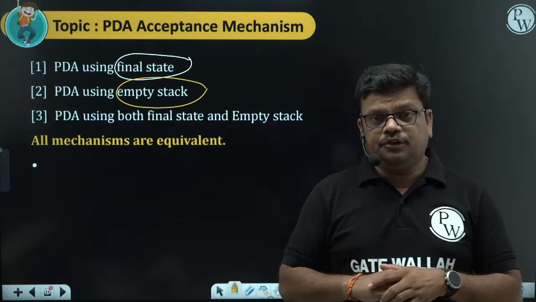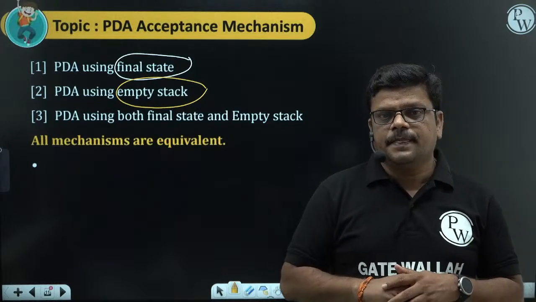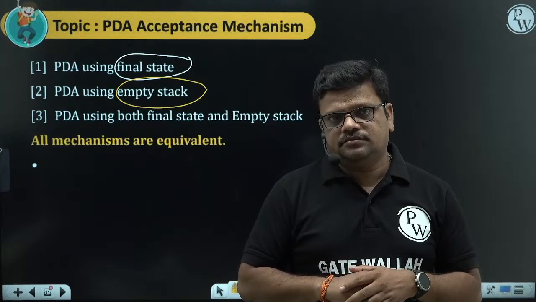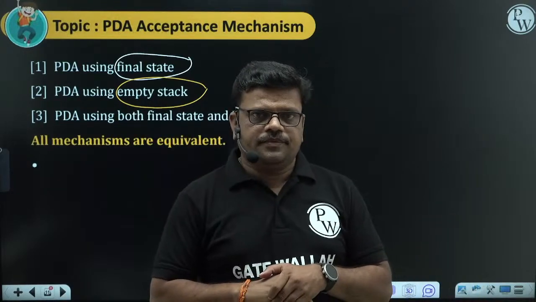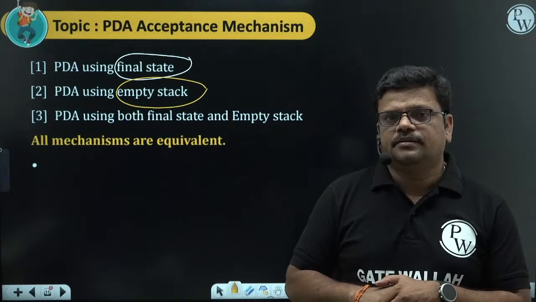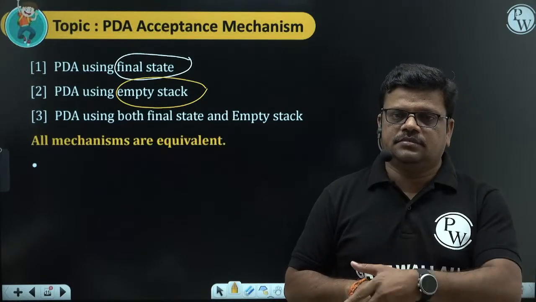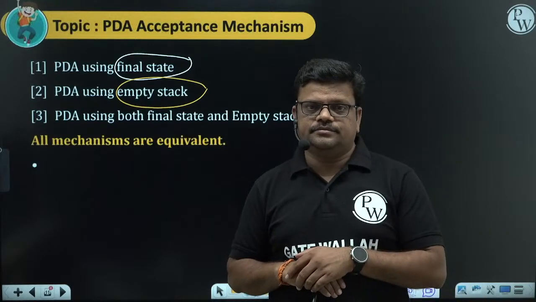But the beautiful thing in the PDA is that some strings are accepted without having a final state. That is called the empty stack method. Some strings are accepted without an empty stack. That is the final state method.